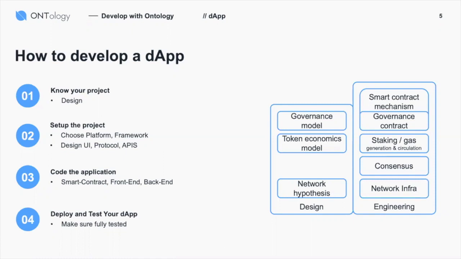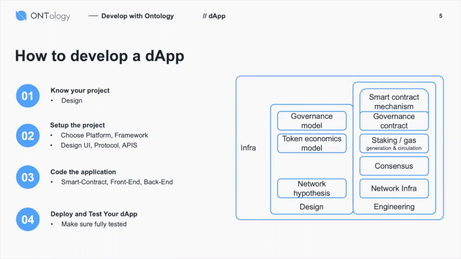There is a smart contract, there is a governance contract, or maybe, depending on your incentive design, some staking. And then after the engineering is done, you deploy your DApp on the blockchain network.